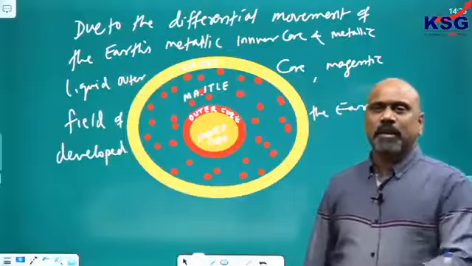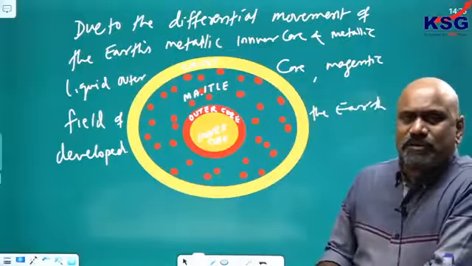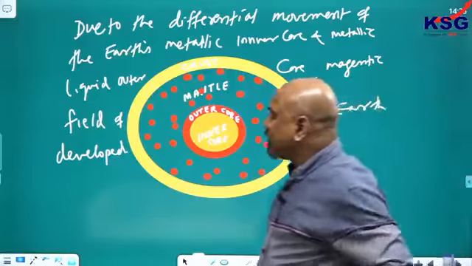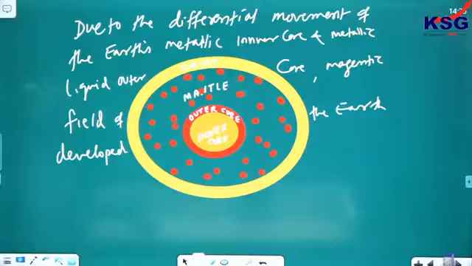Because of this only the magnetic field of the earth developed. This leads to the formation of the earth's magnetic field. Earth's magnetic field developed due to differential movement of the inner core and rest of the earth.